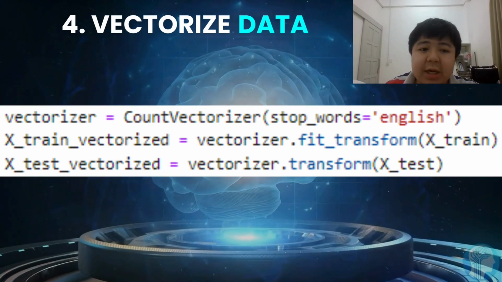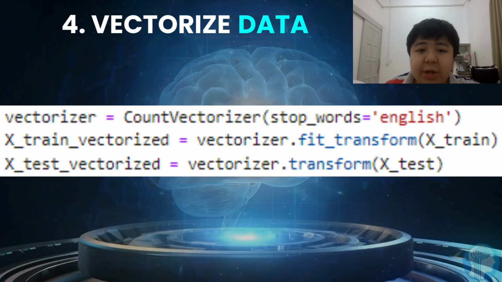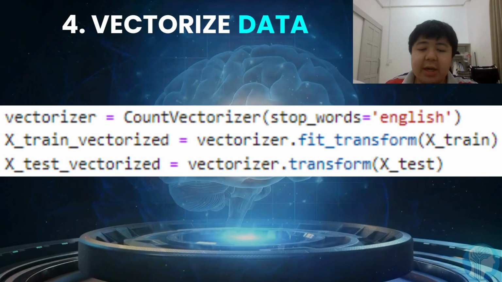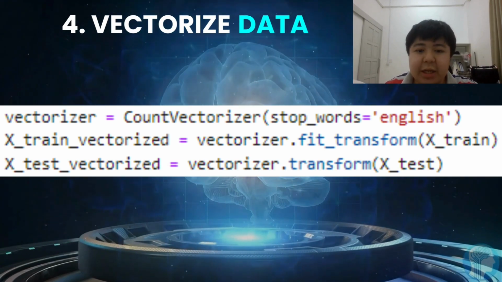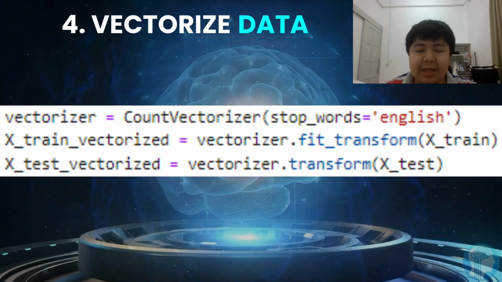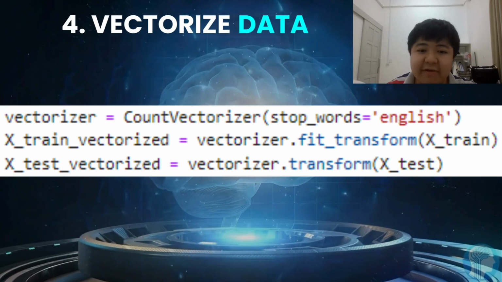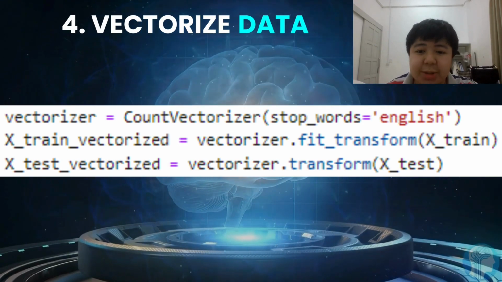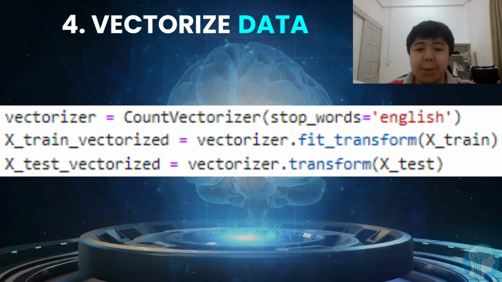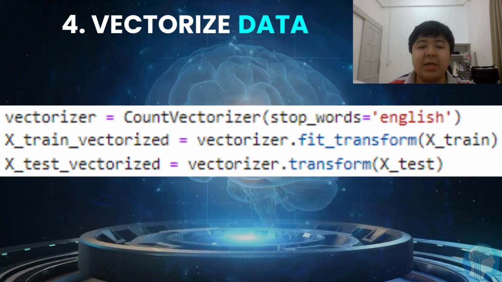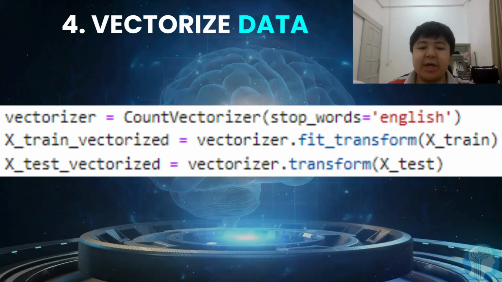Then we train the vectorizer using vectorizer fit_transform, which transforms the vocabulary that it learned into matrices. Then we transform the test data, which converts all the test text data into numerical format based on the vocabulary that it learned from the training data.